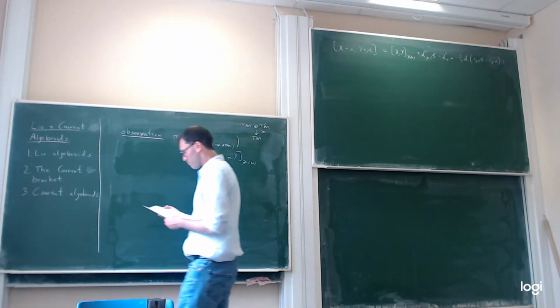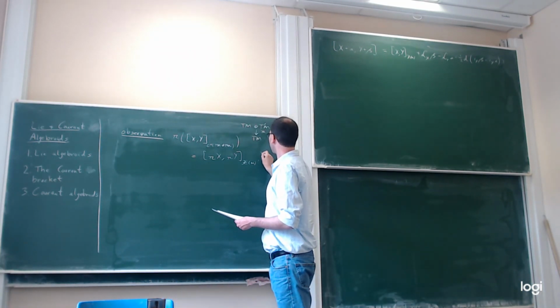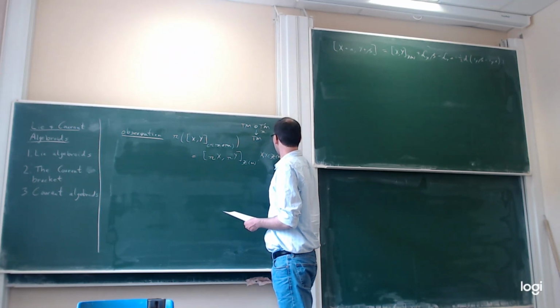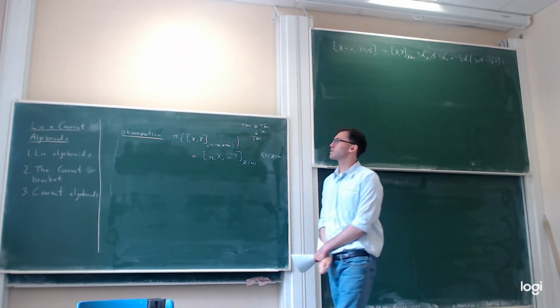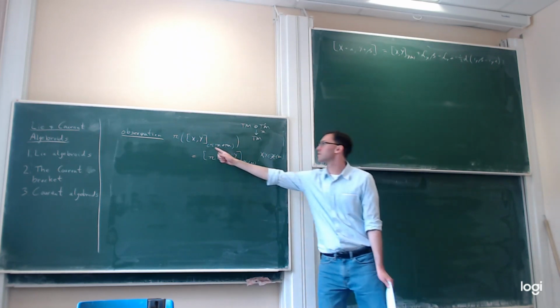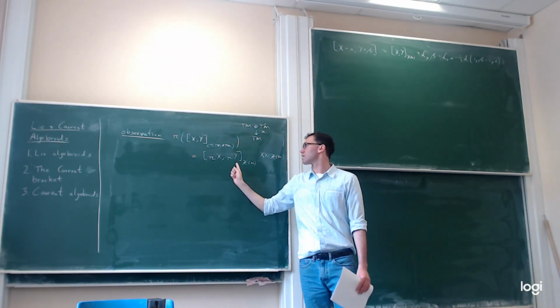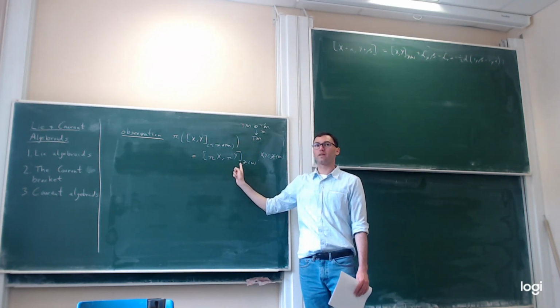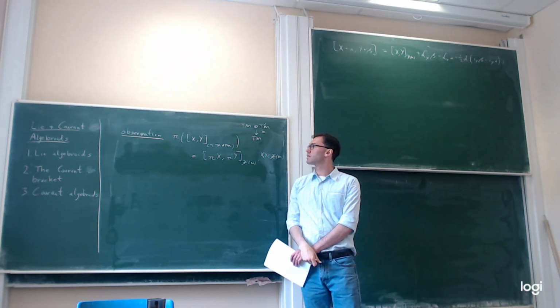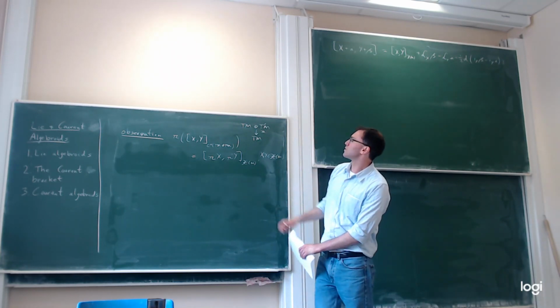So x and y in the first line are vector fields on M, or already, yeah, they're vector fields on M, but here I'm applying the Courant bracket, and here I have the Lie bracket. But in the Lie bracket you could write x and y instead of pi x or pi y. That's true. Right?